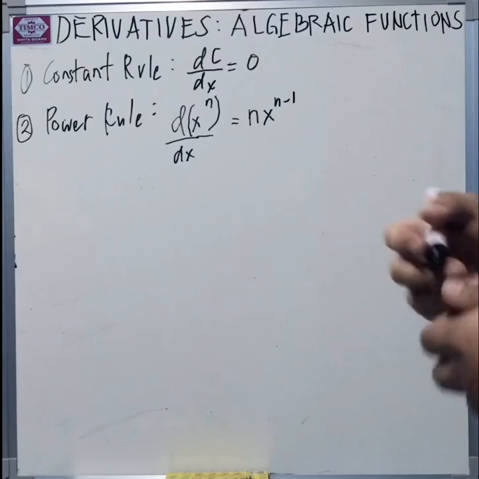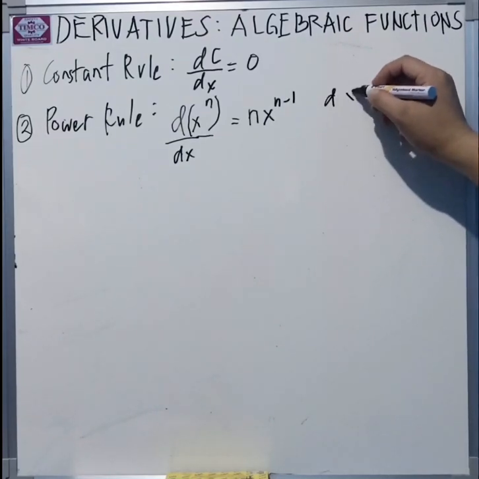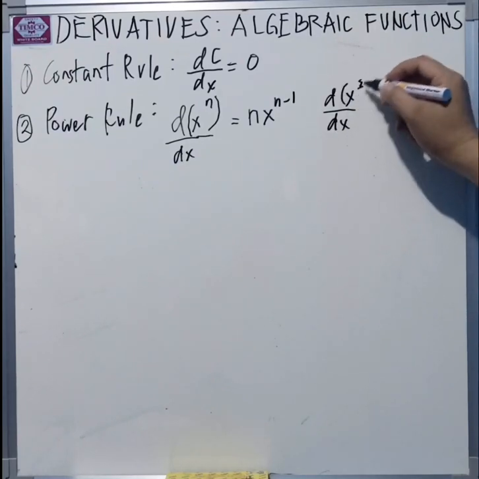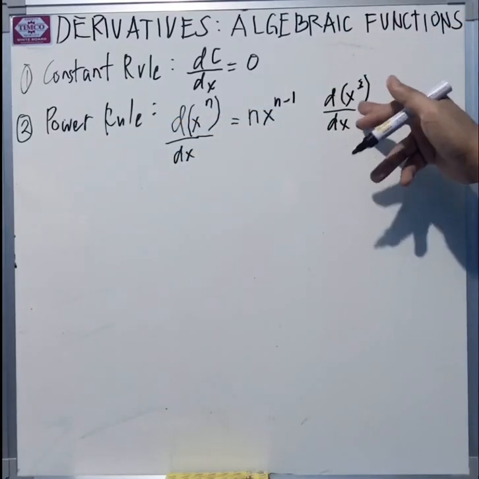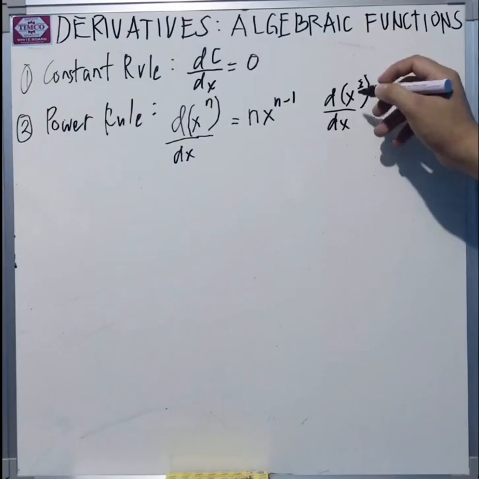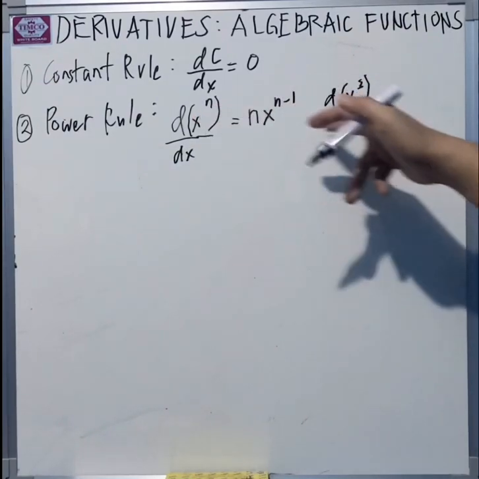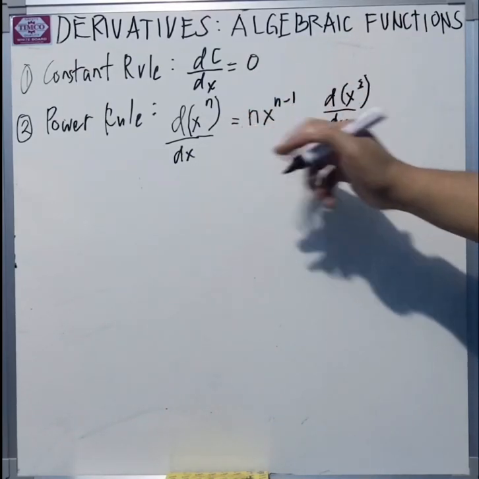Next, for example, we have to find the derivative of x cubed with respect to dx. We have the variable x cubed, so we will apply power rule. So first, where is the n? We have n is equal to 3, and then we have the variable x. So we need to apply this to find the derivative.